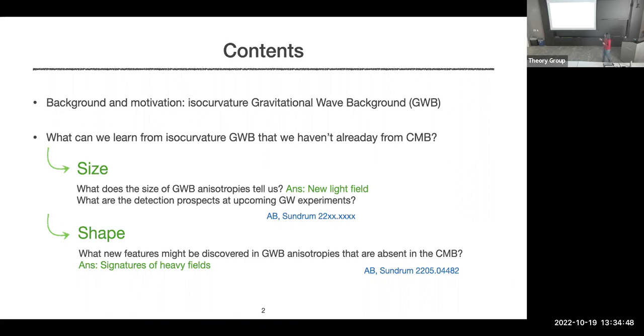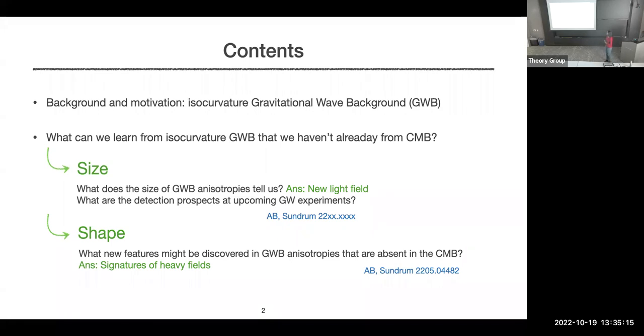On that theme, we want to ask 2 questions: the size and shape of the anisotropy. By size, I mean how large these anisotropies are, and what does that tell us about the early universe fields? We're going to learn about new light fields from the size. And then we also want to ask what the detection prospects are at upcoming gravitational wave experiments.